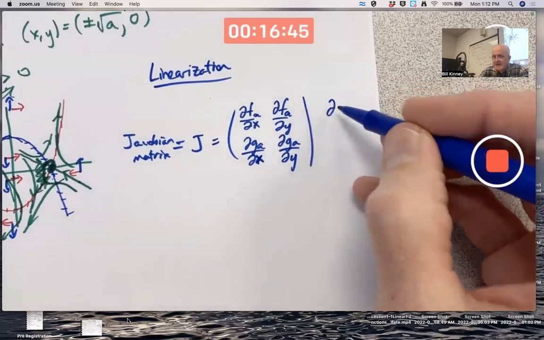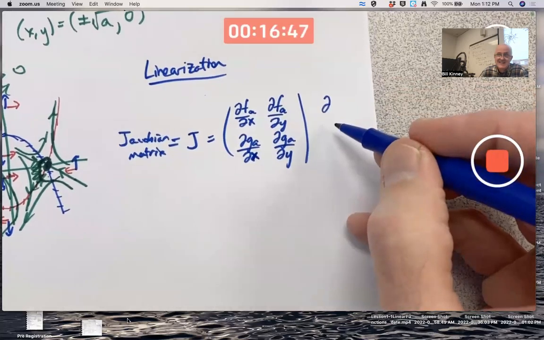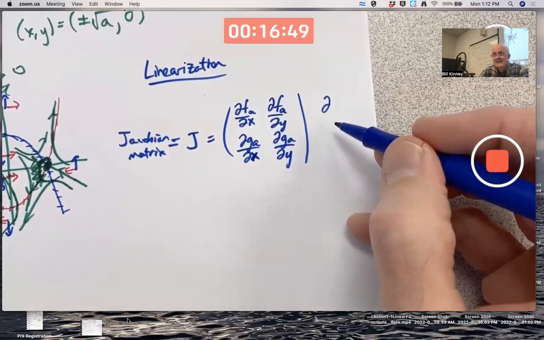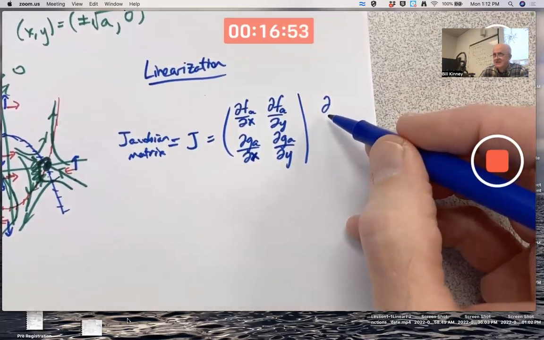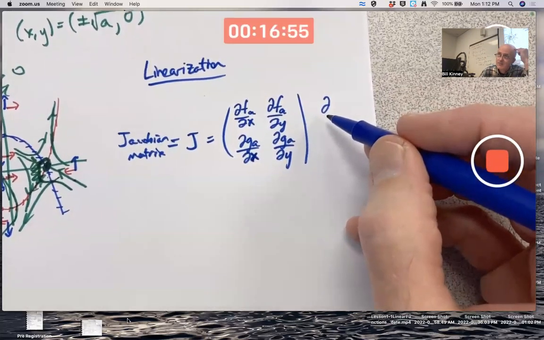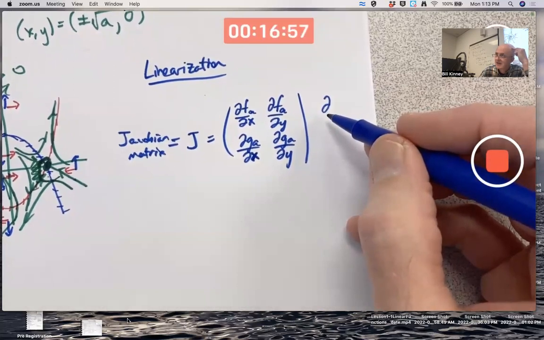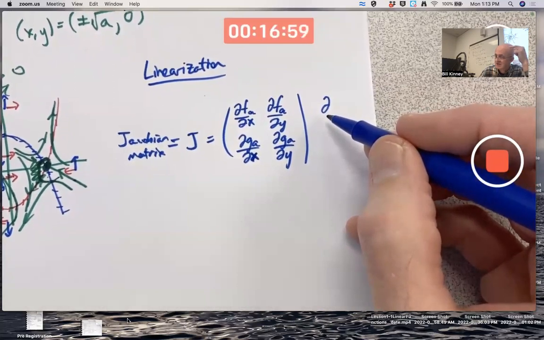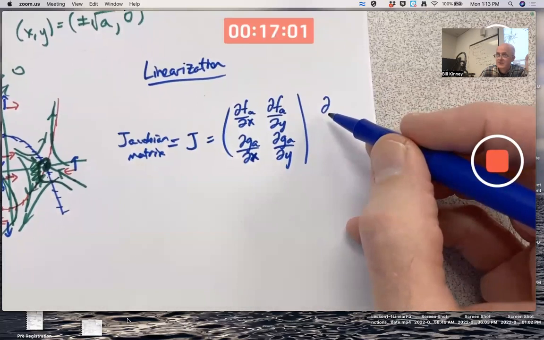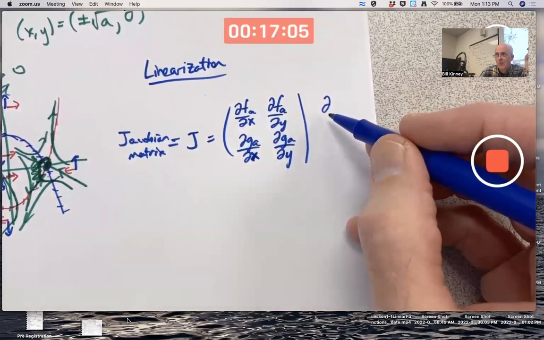These curvy things are essentially fancy D's. The only reason to use a fancy D in this context is just to emphasize mentally, oh, my functions depend on more than one variable, and so that's just a way to remind yourself of that. You could use ordinary D's. Don't read too deeply into this.